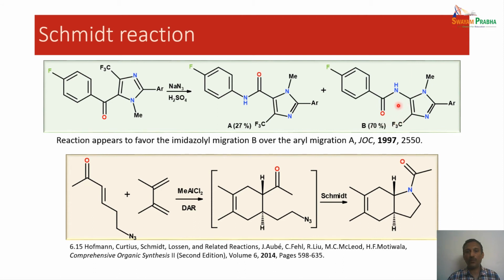So in other words, between imidazole and the aryl derivative, the imidazole derivative is a better migrating group compared to the aryl derivative. So here, as we mentioned, this reaction favors the imidazole migration over the aryl migration.